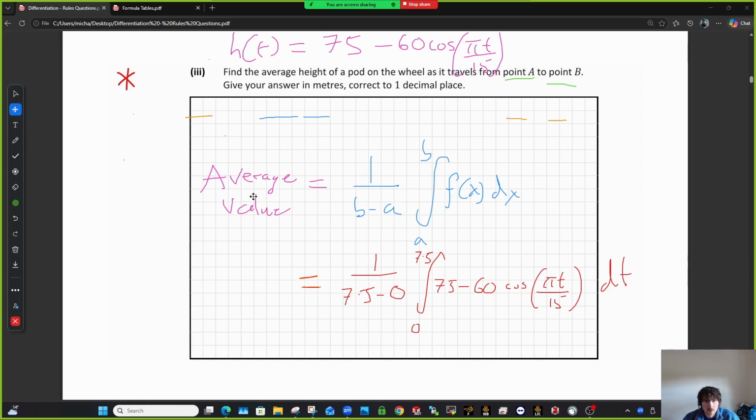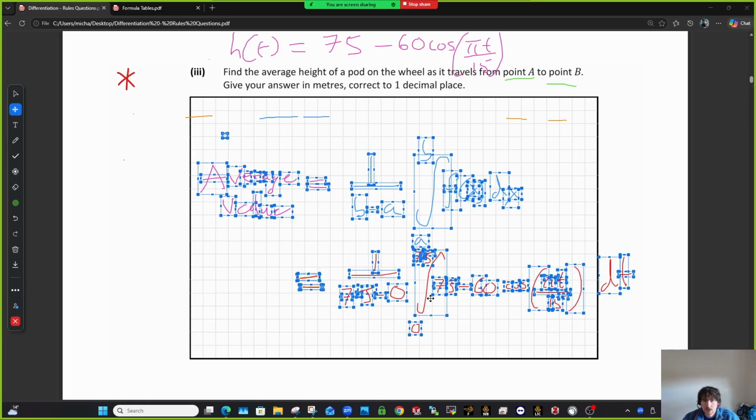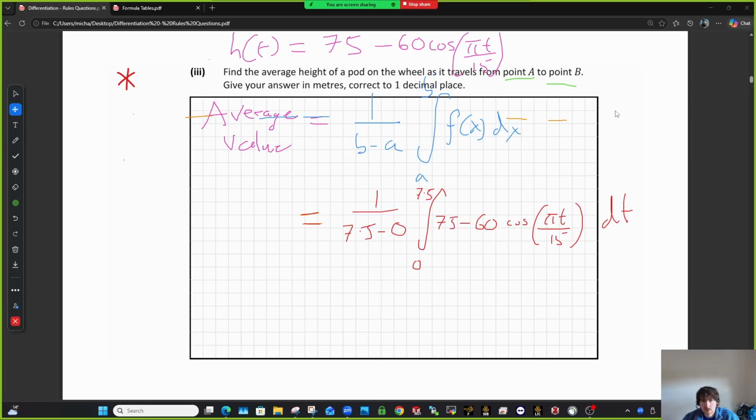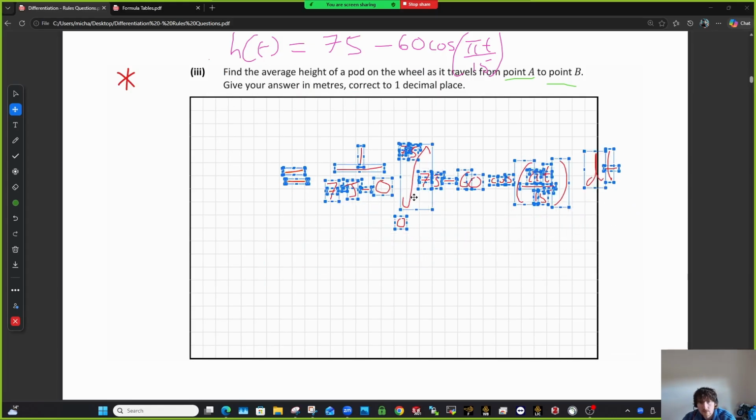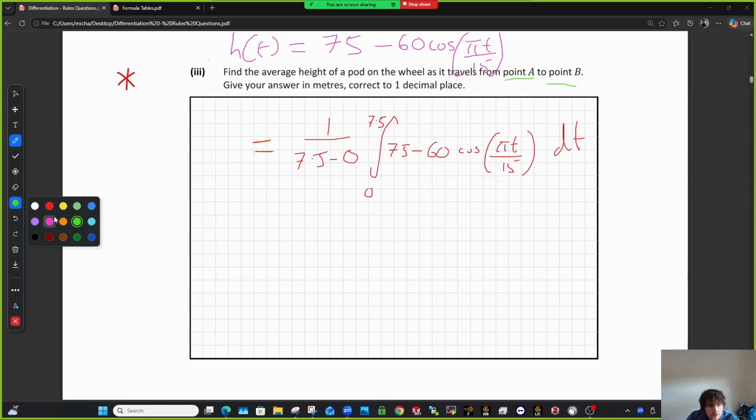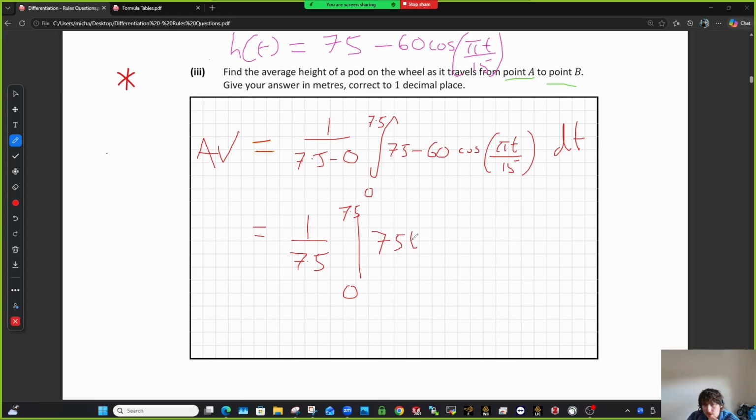I can probably delete this now because I've already stated the formula, and I want some room for my calculation. It's good to call this AV for average value, and good to have a go at doing this yourself. This is ready to integrate, so I can replace this with 1 over 7.5. The integral of 75 is 75t.